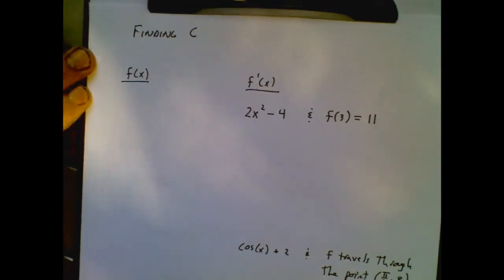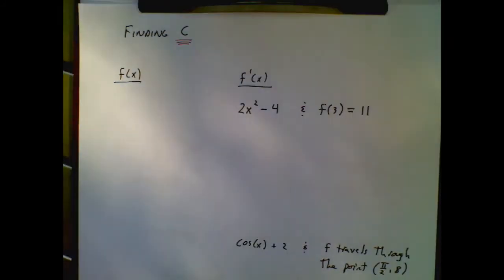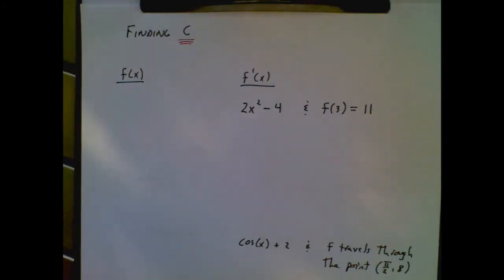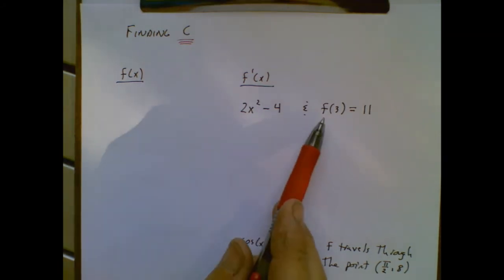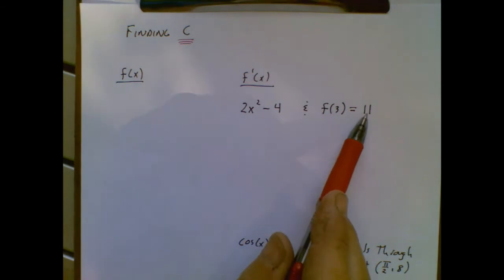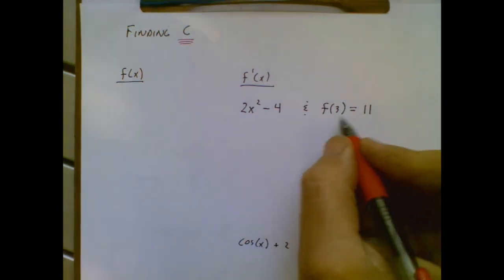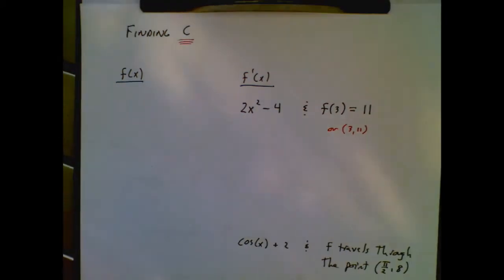Okay, we're going to be finding what that C is. Instead of writing plus C, we need a value. It's going to be a pretty easy thing, basic algebra step. So we're going to start off with this derivative, but now we're given a little information. It says the original function f that we're finding at x equals 3, y equals 11. So we could call this 3 comma 11.